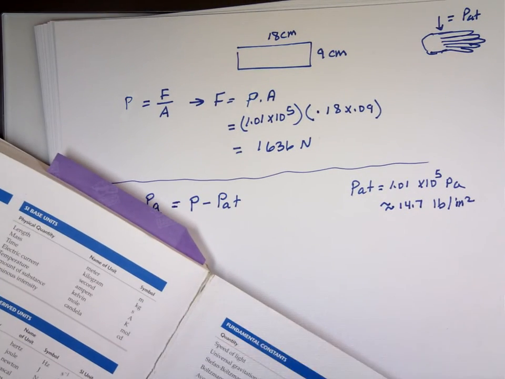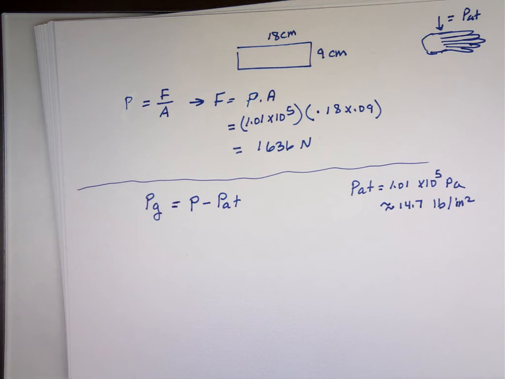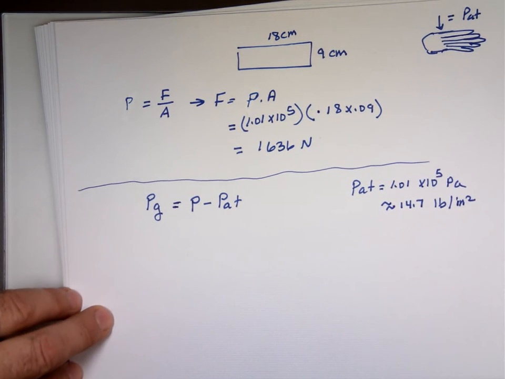The handout I put on the website should have the conversion factor from the book. What are you looking for? The conversion factor from atmosphere pressure to pounds per square inch. Look for pressure. 1 atmosphere is 14.7 pounds per square inch. So that's the conversion factor.